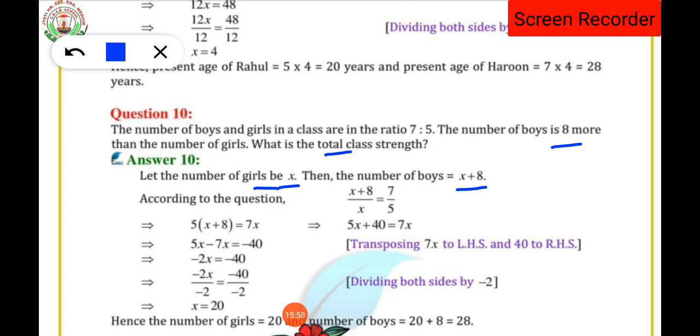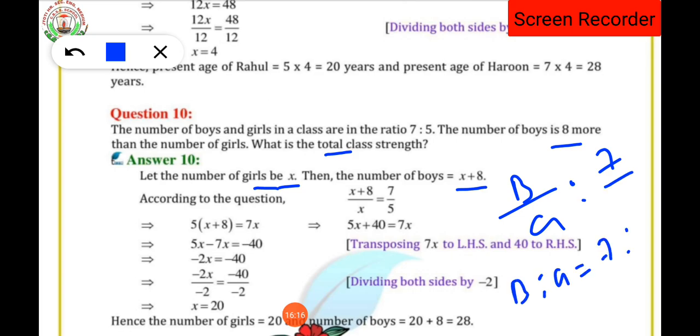After that, according to the question, since the ratio is given, the ratio of boys to girls is given as 5:7.